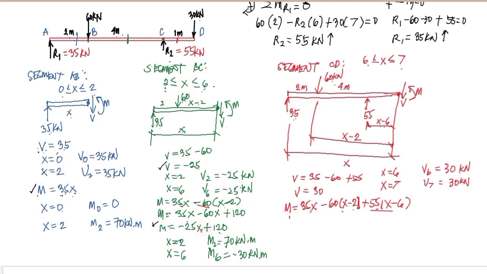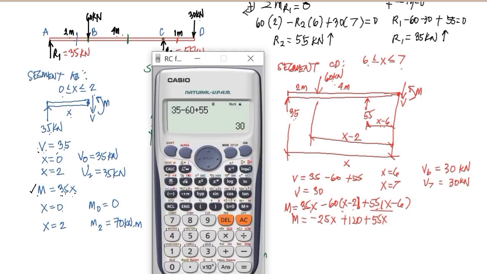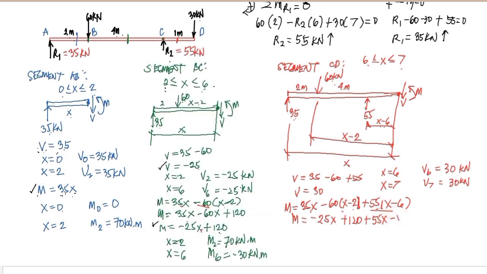So, we have here moment equal to negative 25x plus 120. And this one, so we have plus 55x, and we have here 55 times 6, so we have 330, so minus 330.